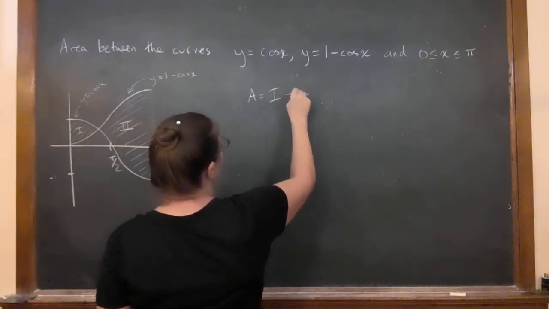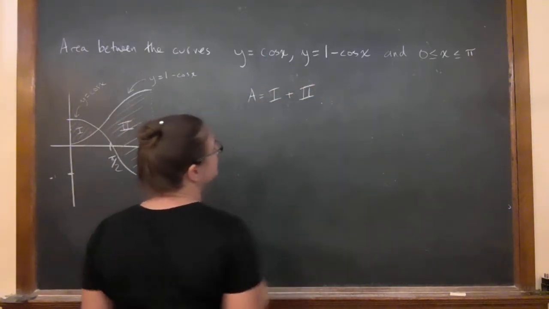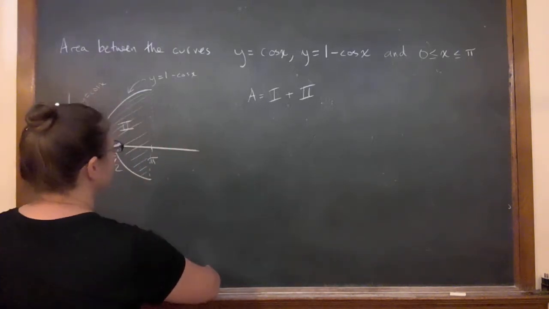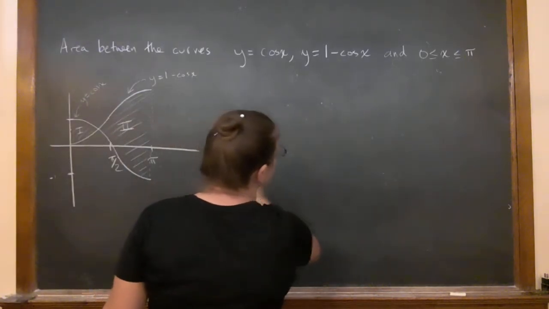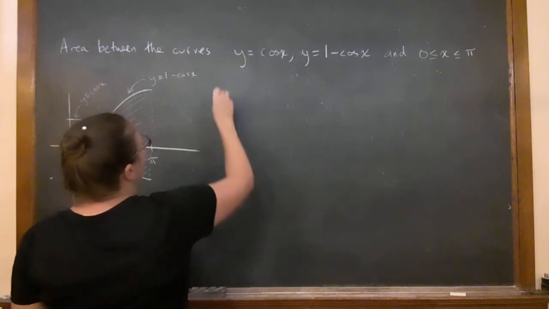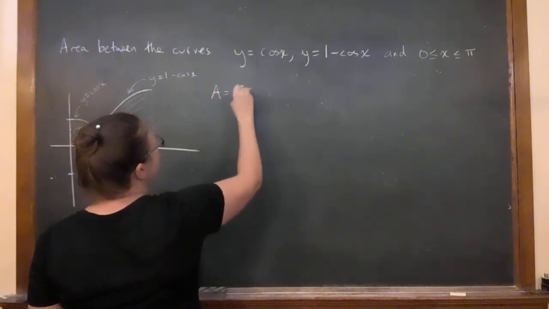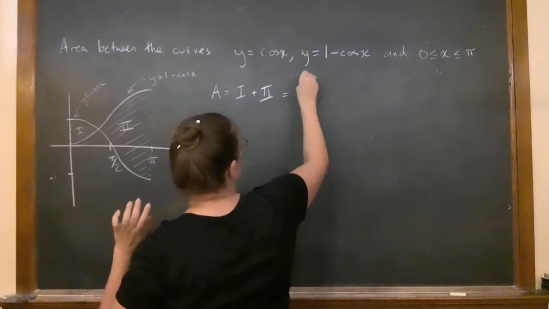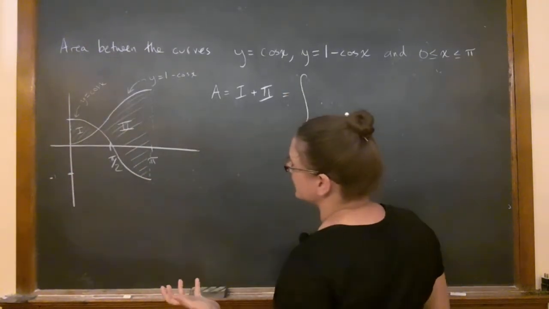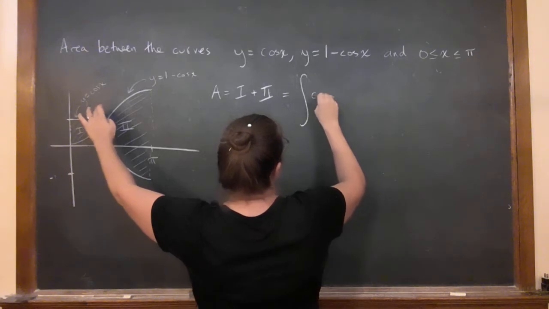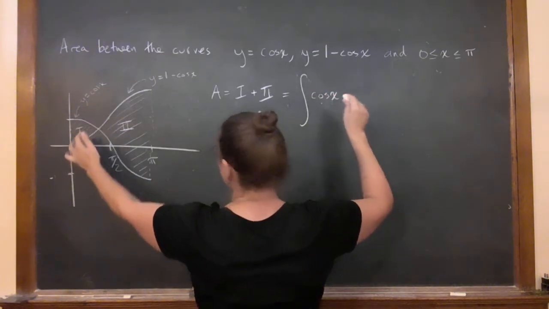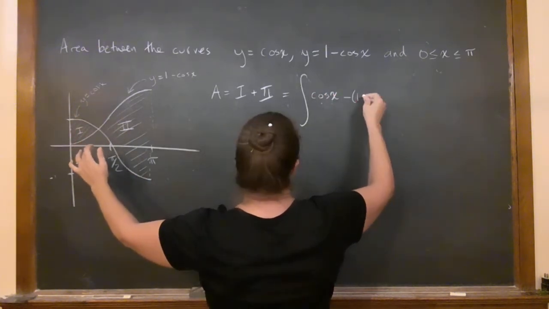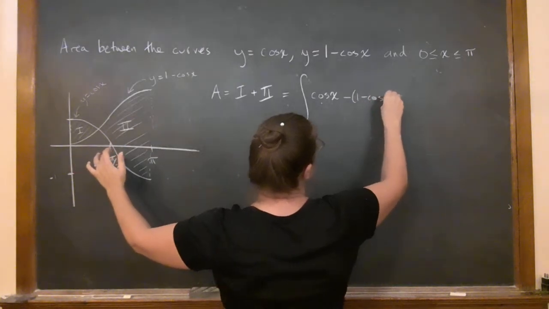So if I do area of 1 plus area of 2, you know what? Let me move that over so I have a little more space. So in the first region, I've got my top function is cosine x, and my bottom function is 1 minus cosine x.